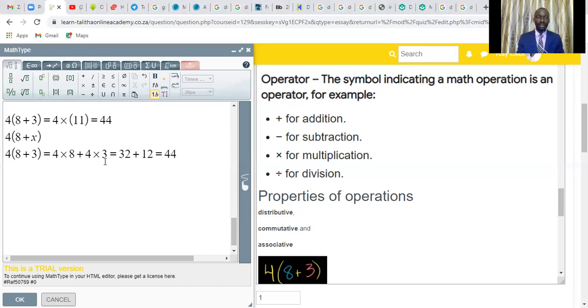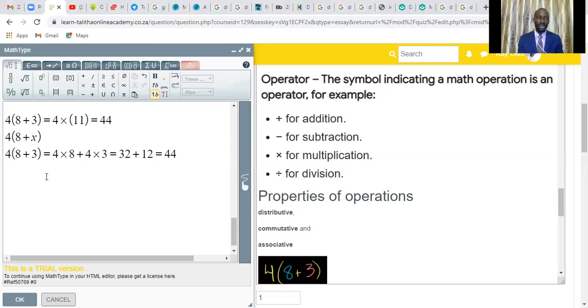Even if this method is a lot longer, it gives us a general approach which works for all types of expressions, especially when we are required to distribute a quantity which is outside the bracket to the terms inside the bracket. This is the method we use.